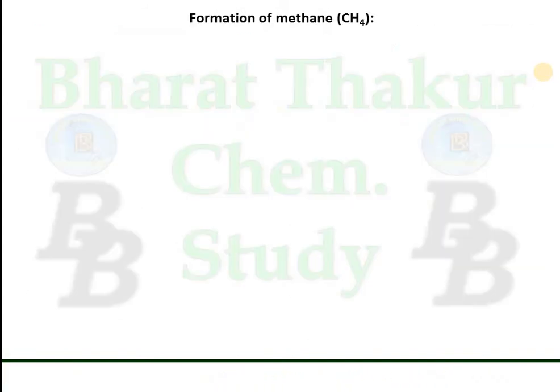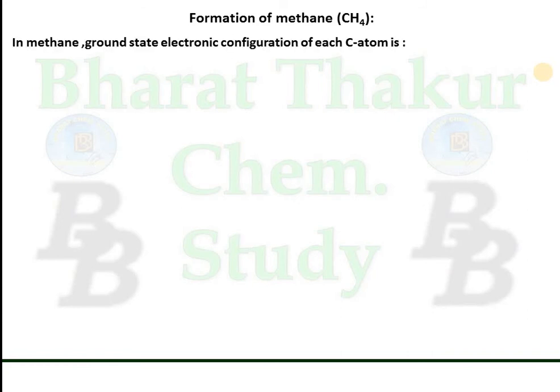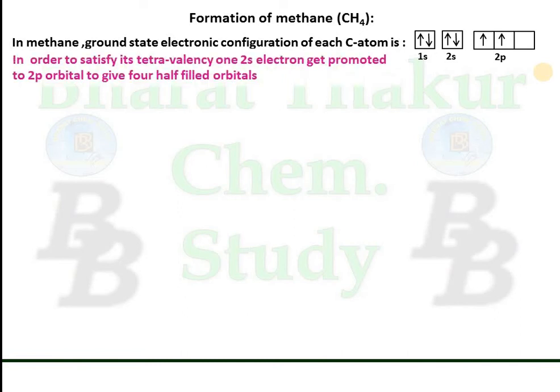Now, formation of methane on the basis of hybridization. First of all, we write the electronic configuration of carbon, and it will be 1s2 2s2 2p2, and again in methane carbon is going to form 4 bonds, so it must have 4 half-filled orbitals. Therefore, it promotes one of its 2s electrons to an empty 2p orbital to give 4 half-filled orbitals like this.